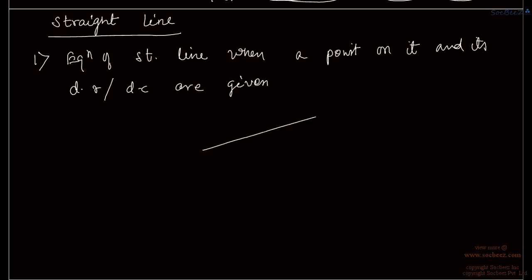Okay, so say this is a line and we know one point on the line. Let us denote this point as P, whose coordinates are say x1, y1 and z1, and let us say we know its direction ratio, which is a, b and c.